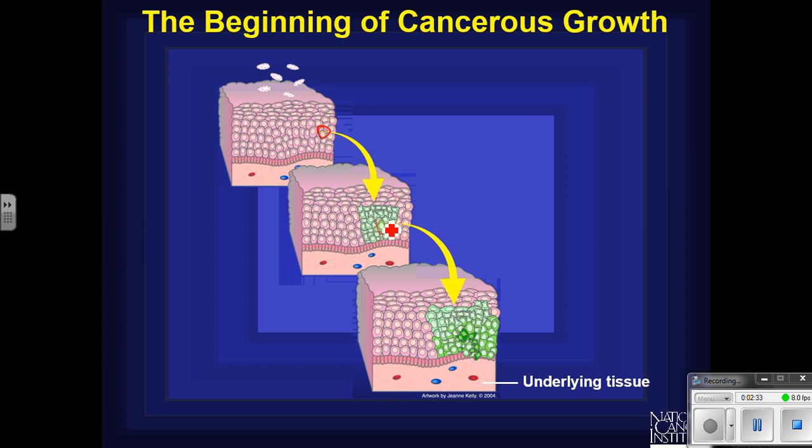It will not only divide and create cells over here that are all infected, it will actually send signals or cell communication to other cells in the neighboring area and cause them to be mutated as well. And then they'll divide and they'll divide, all those area cells, until eventually you've got this whole huge mass of cells that are not normal. They're somehow damaged and don't function properly.